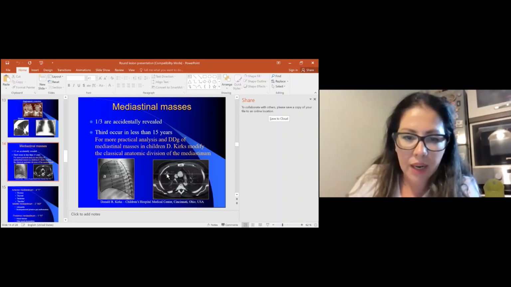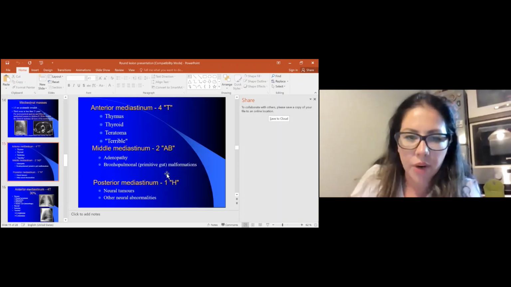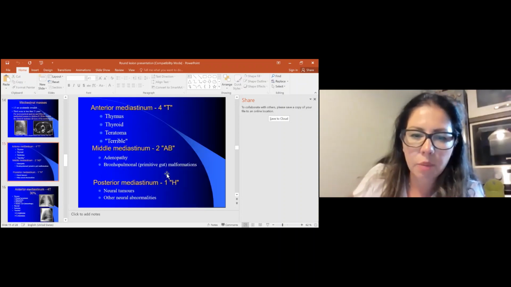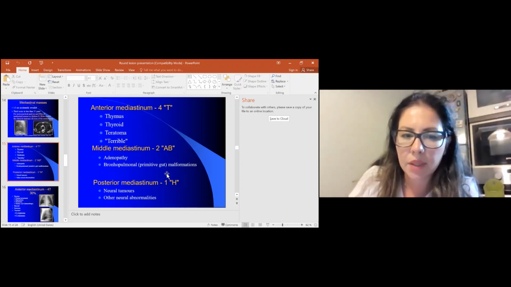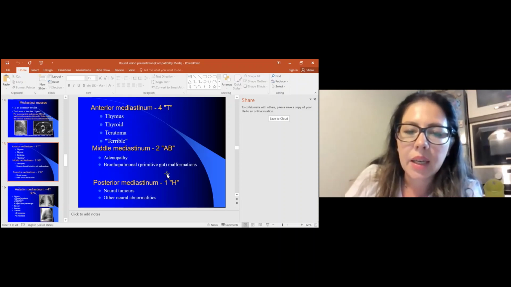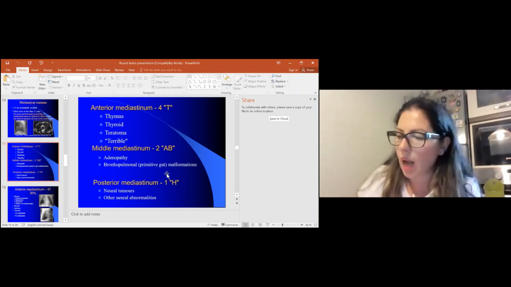For more practical analysis and differential diagnosis of mediastinal masses in children, Dr. Kirks modified the classical anatomic division of the mediastinum into categories: anterior mediastinum, middle and posterior. Anterior mediastinum, like 4T: thymus, steroid, teratoma, and terrible. And middle mediastinum, like 2AB: adenopathy and bronchopulmonary malformations, and posterior mediastinum 1N: neural tumors or neural abnormalities.